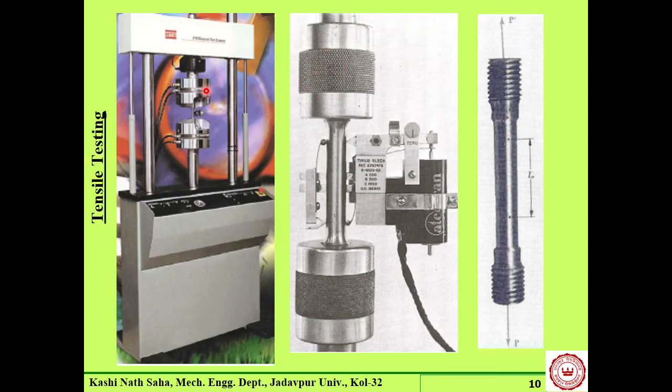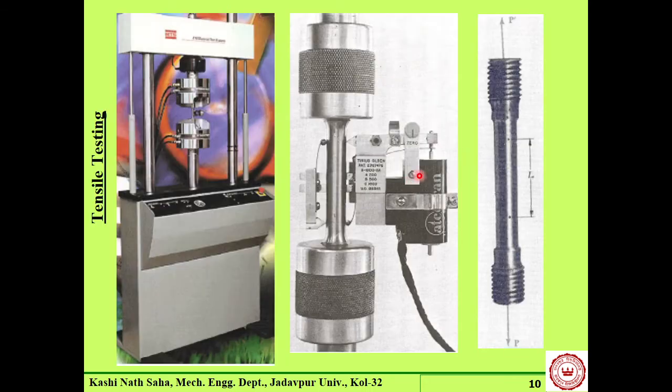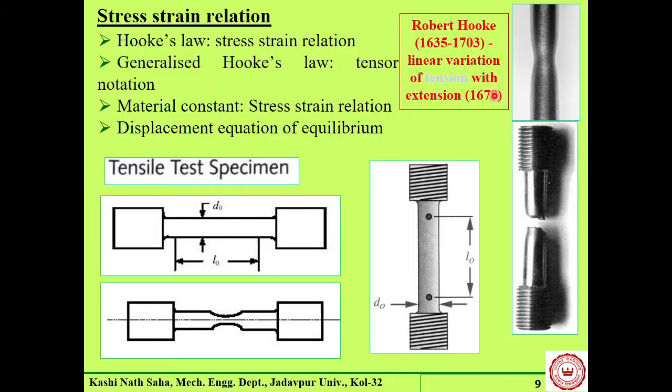There is one movable crosshead and the other is fixed, and they are connected with grips, and in between these two grips our specimen is put. There are various types of mechanisms through which the specimen can be inserted within the grips. Here it is threaded, but it can be a friction grip as well.